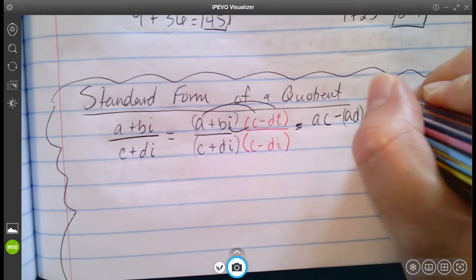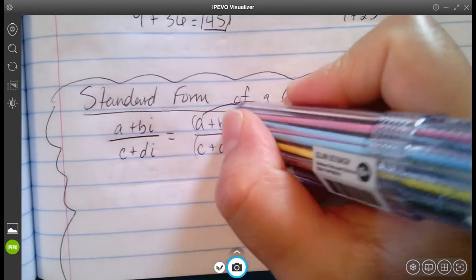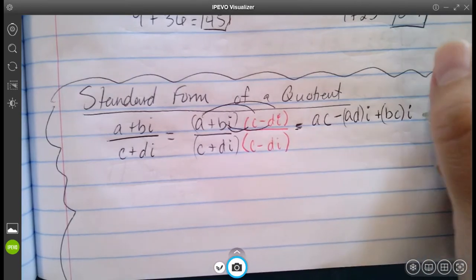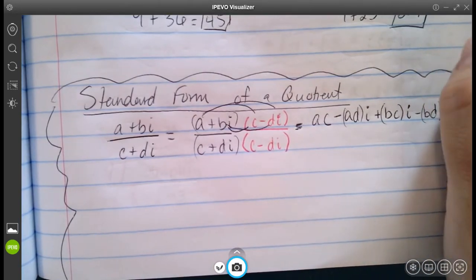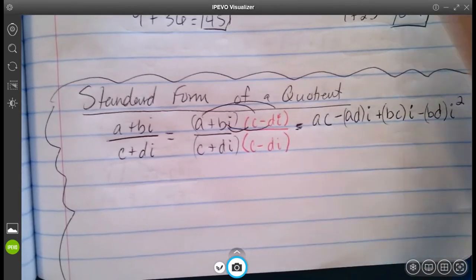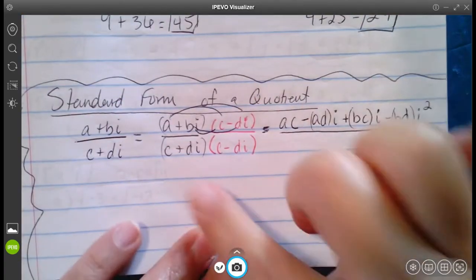So that's going to be plus bci, okay? And then bi times negative di is going to be minus bdi squared, okay? All over, let me move this over just a little bit, all over this guy.